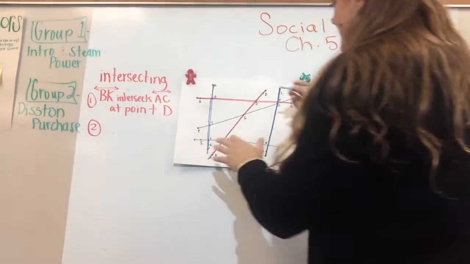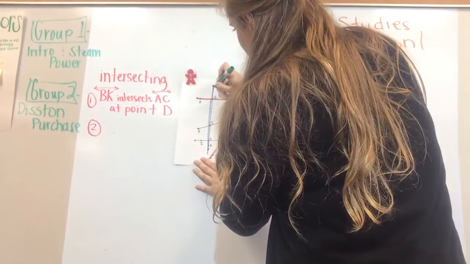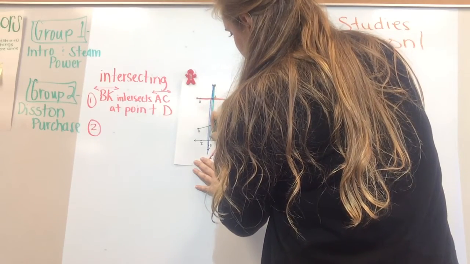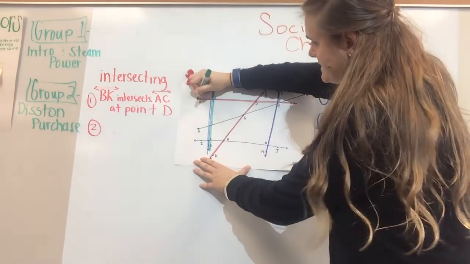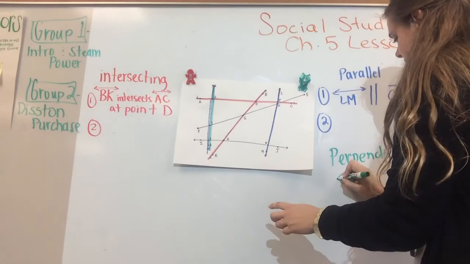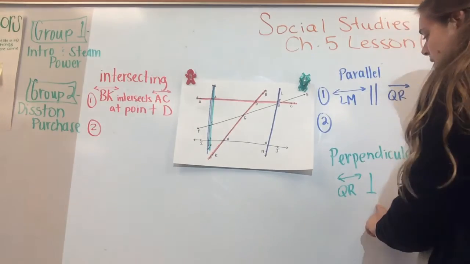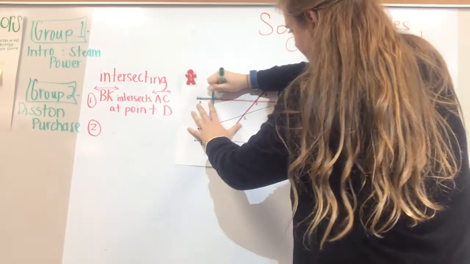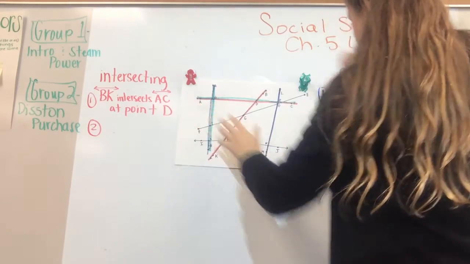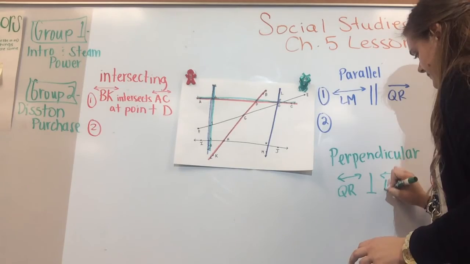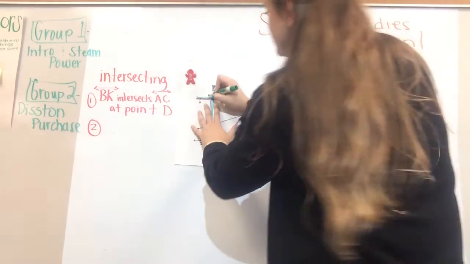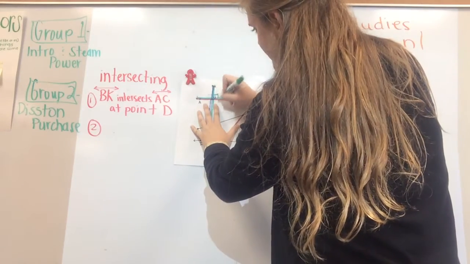Well, I can see that here. I can see where line QR intersects and is perpendicular to line AC. See how it forms four perfect right angles here?